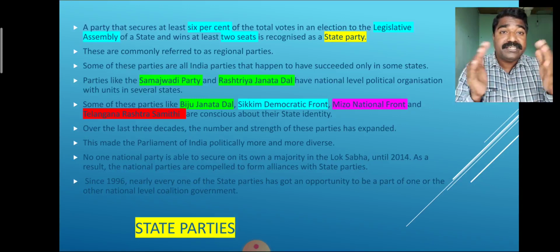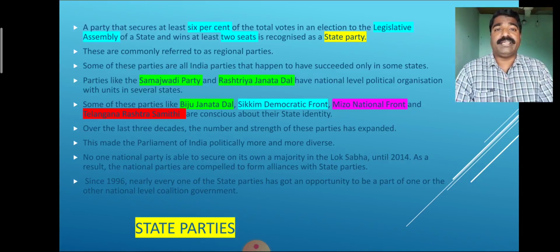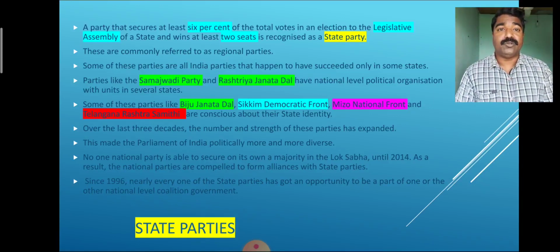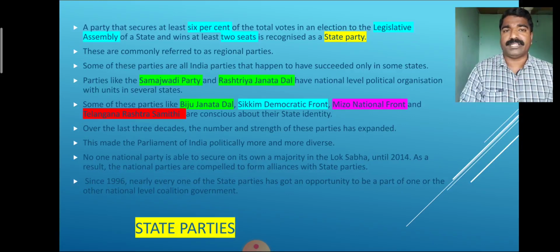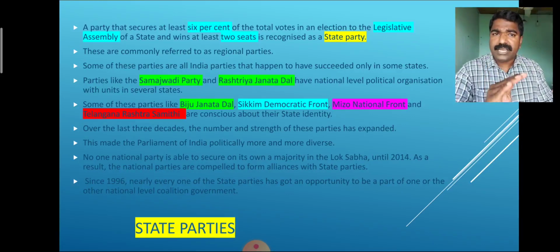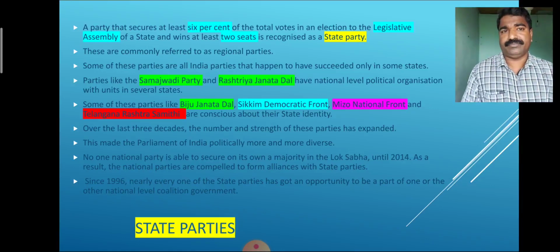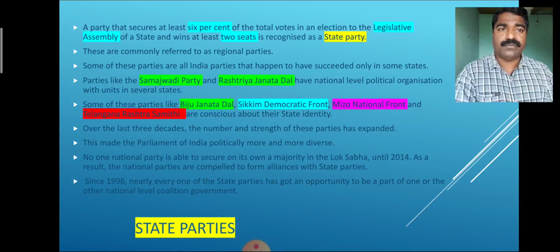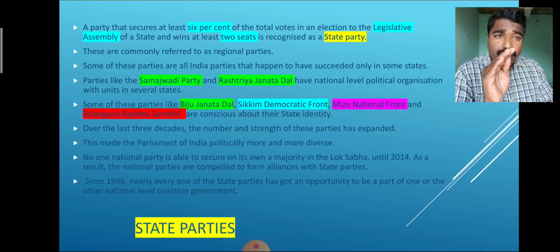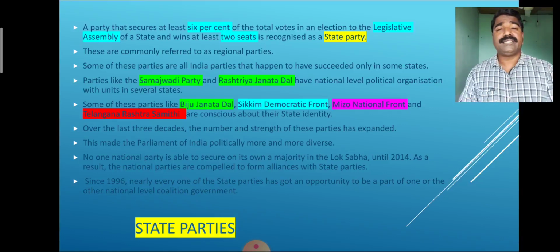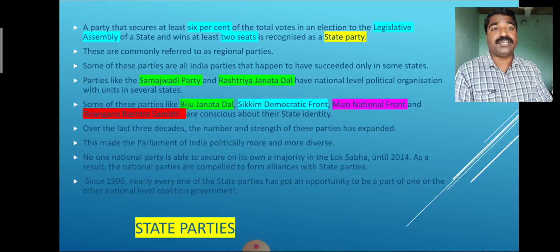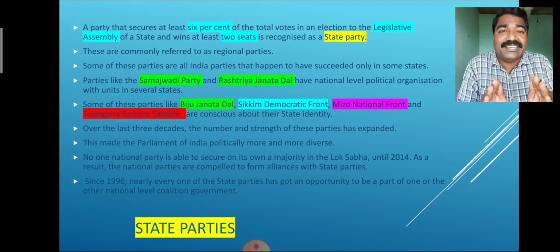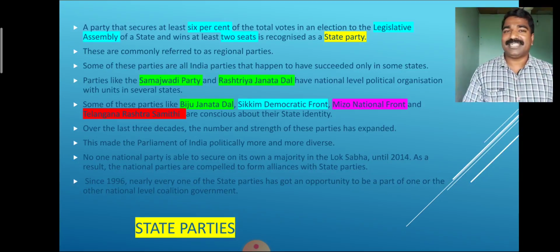They are national level political organizations with units in several states, but they are classified under state parties. Some parties like Biju Janata Dal, Sikkim Democratic Front, Mizo National Front, and Telangana Rashtra Samiti are conscious about their state identity.